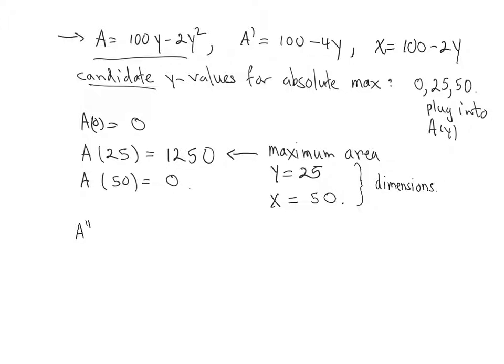In this case, I'm just going to differentiate this formula for the first derivative up there, and the second derivative is finally negative 4, and since that's less than 0, we could actually conclude that this choice y equals 25 produces the absolute maximum value of the area function.